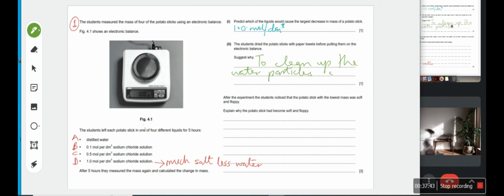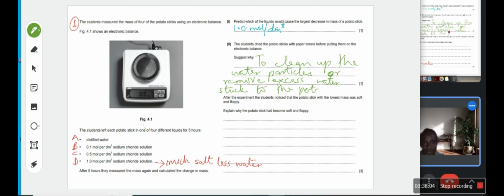Could you say to remove any excess solution? Excess solution, yes, to clean up the water molecules, or remove excess water stuck to the potato chips. Stick.